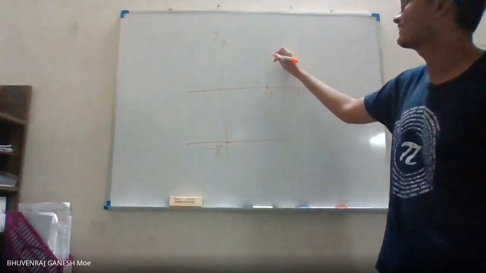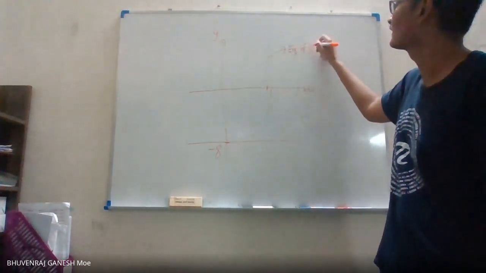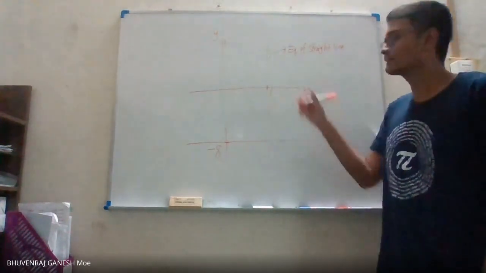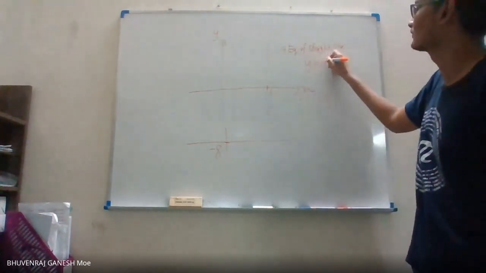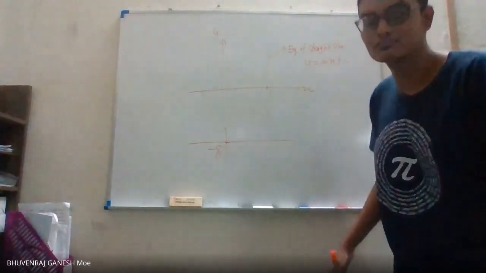What will be the equation you think if it's a straight line parallel to the y-axis? Not the gradient, the whole equation. You remember the general form y equals mx plus c. So how will you express this straight line equation?